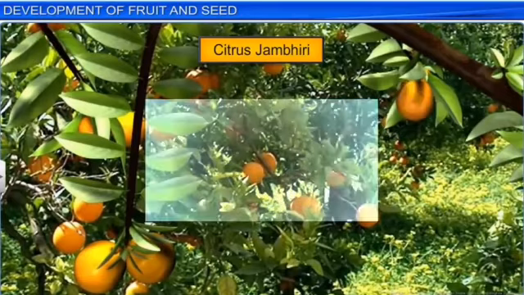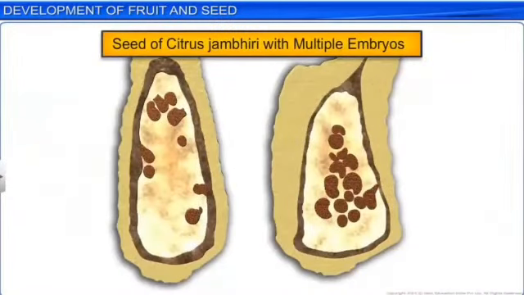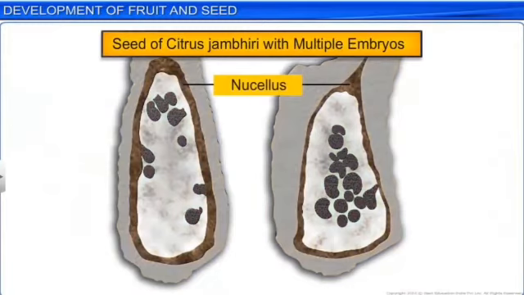In case of the citrus fruits, here we can observe that there are multiple embryos which are formed, giving rise to the process known as polyembryony.